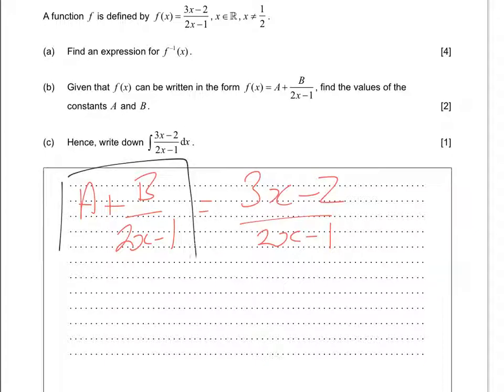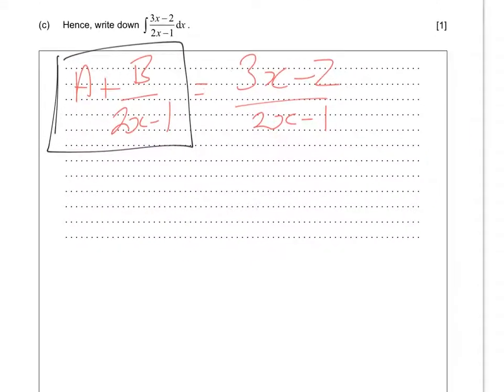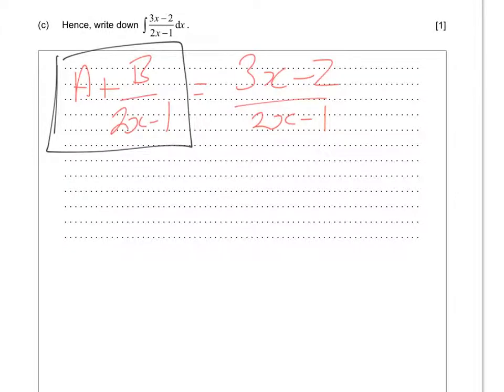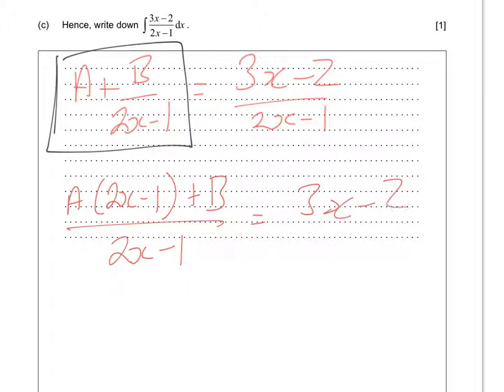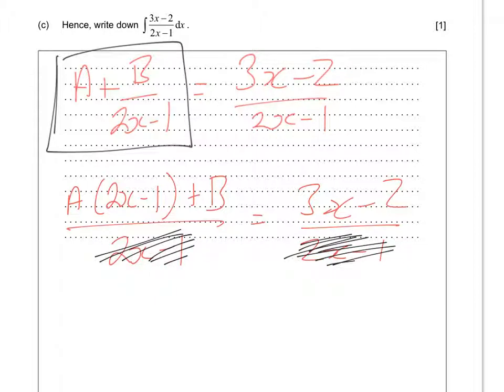In order to solve this, it makes sense to write that all over a common denominator. That's a times 2x minus 1 plus b over 2x minus 1 is equal to 3x minus 2 over 2x minus 1. And in fact, now that we've done that, we can ignore these denominators and just think about the numerator, because if the denominators are equivalent, then the numerators must be equivalent.